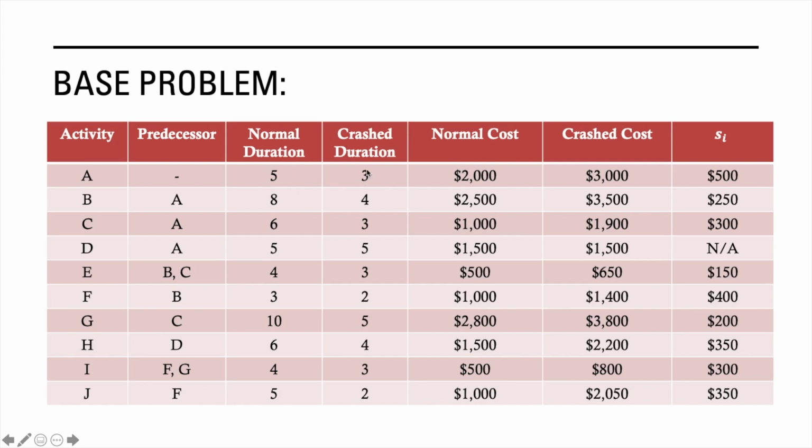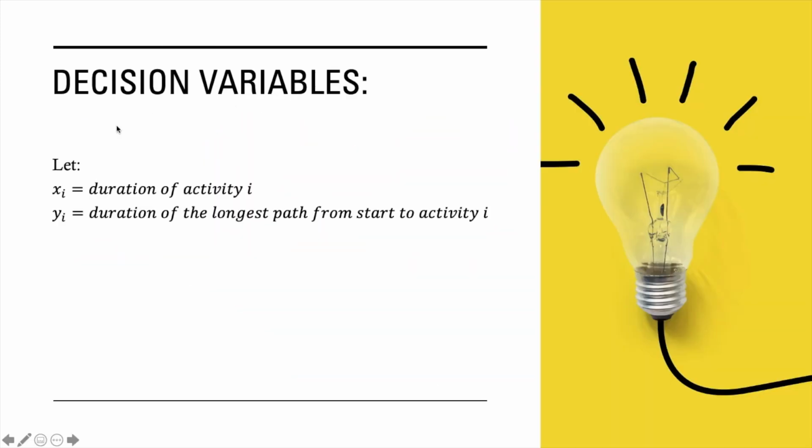At its fastest, it is 3. But it should be clear that x sub A is a decision where we are deciding how long activity A will be done. So that is your x sub i.